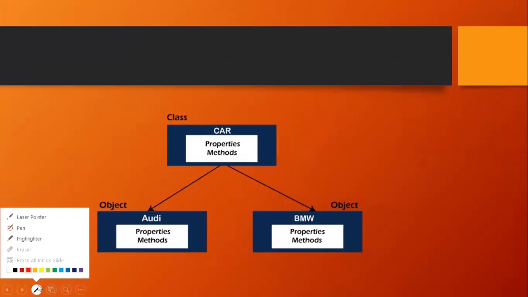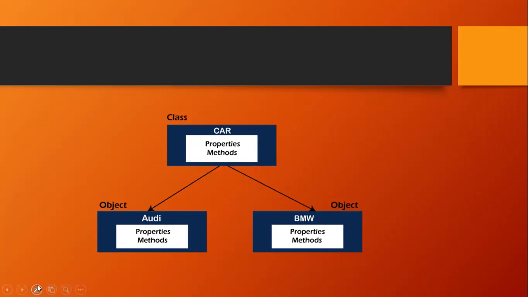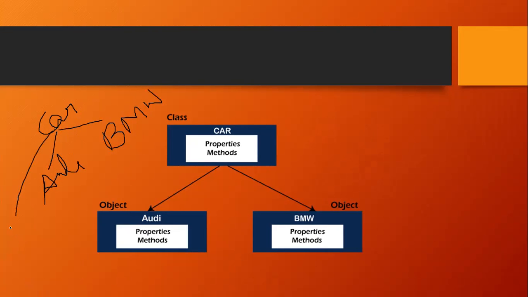To understand in more simple words, we have a car, and a car can become a category, and into this category we have different objects like Audi, BMW, Mercedes.